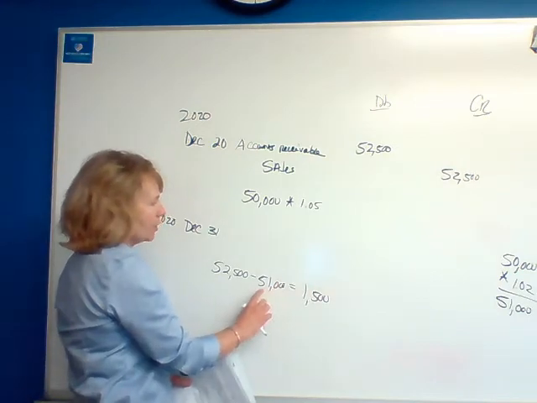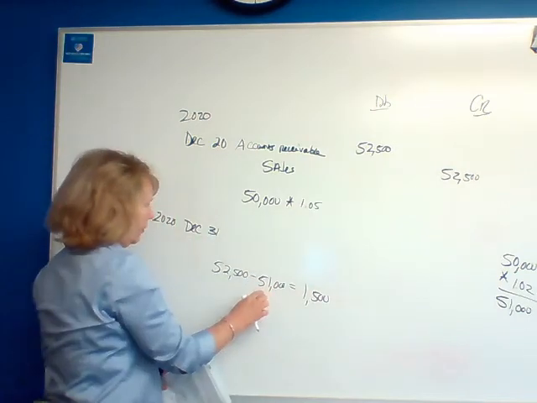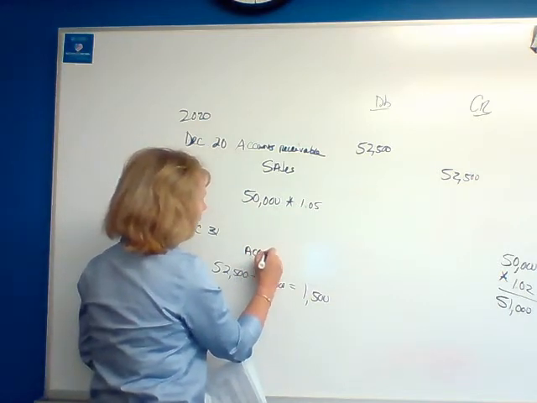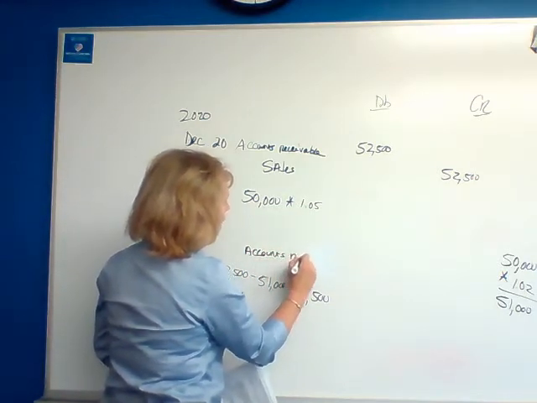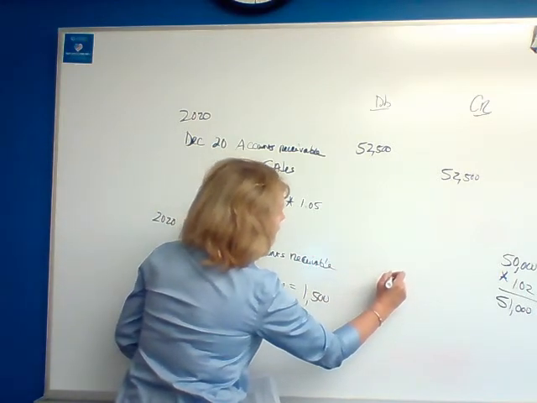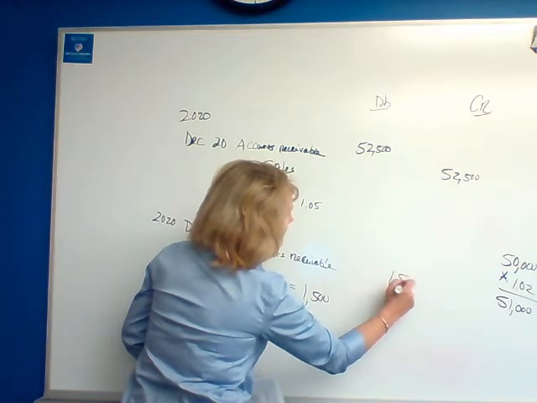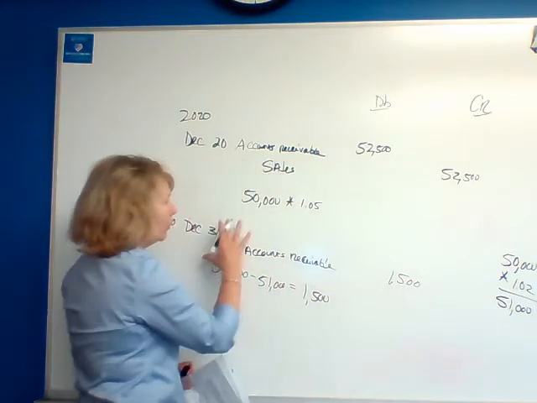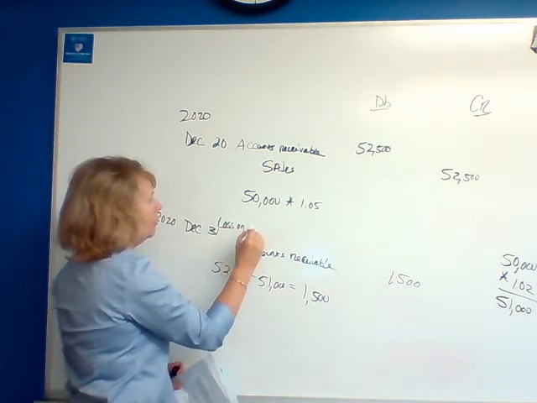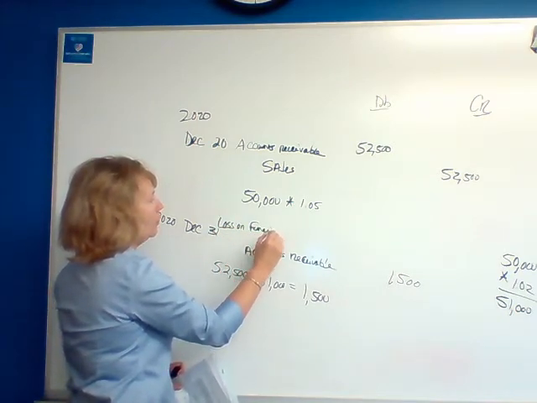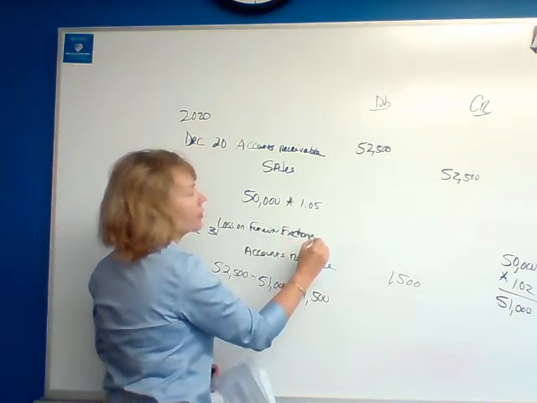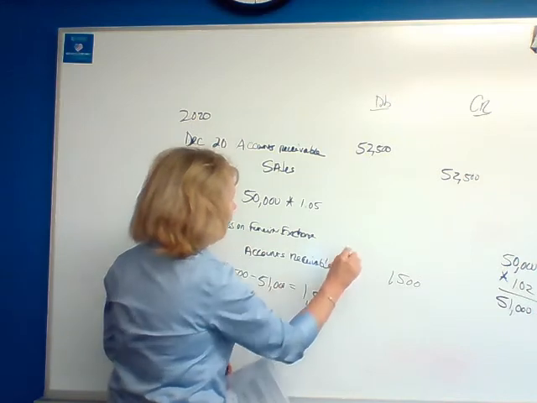Now the accounts receivable is 51. So you're going to credit accounts receivable for $1,500. The other side will be a debit. That's always a loss, loss on foreign exchange. Remember, if you need a debit to balance your entry, it's always a loss. If you need a credit, it's always a gain. $1,500.